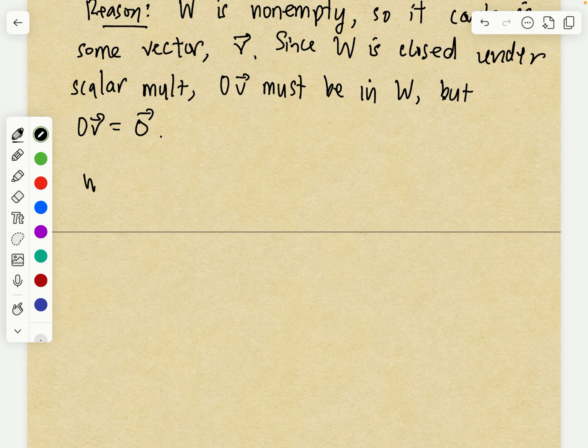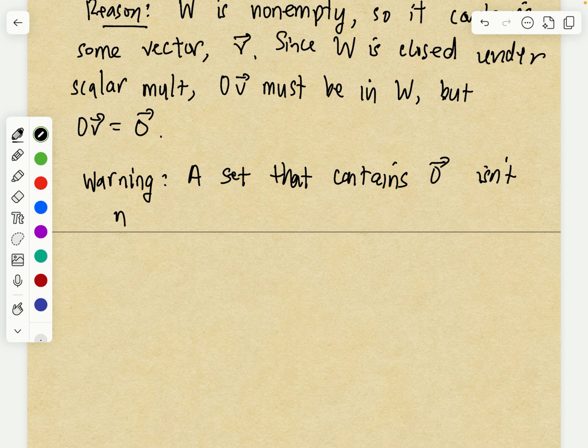So, warning: a set that contains the zero vector isn't necessarily a subspace.